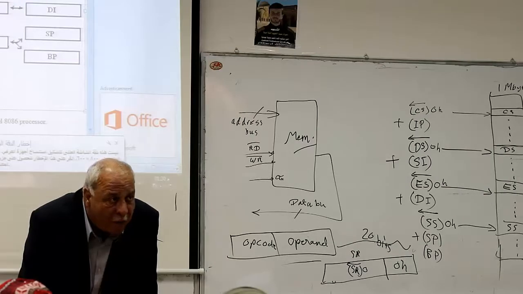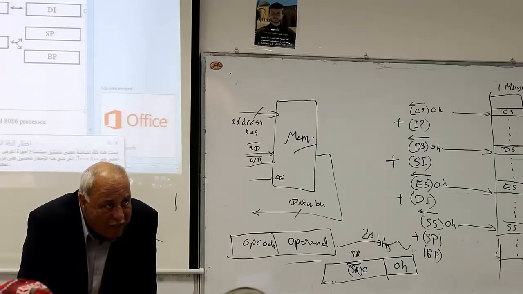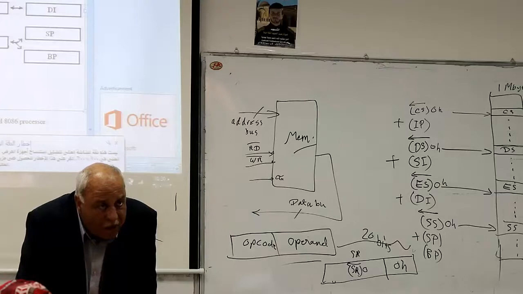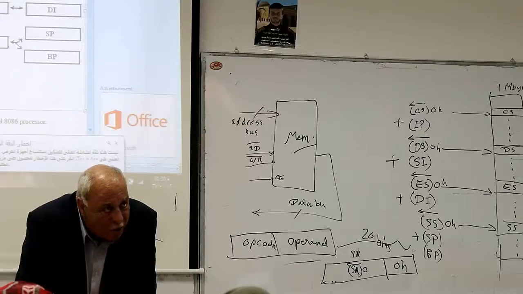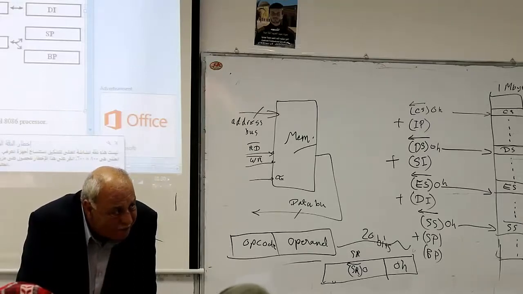You can have more than one stack, more than one code segment, more than one extra segment, more than one data segment. The only thing you need to do is to change the content of the code segment register. You go to another segment of the code.